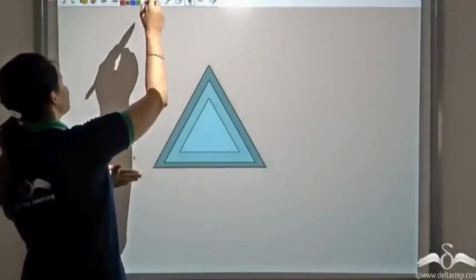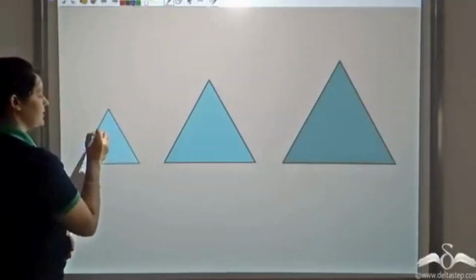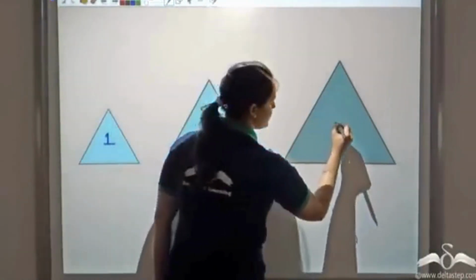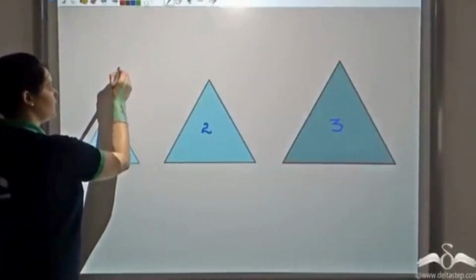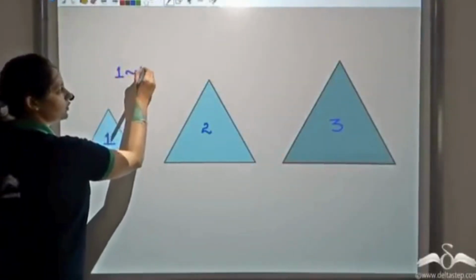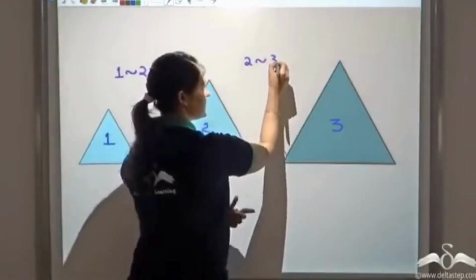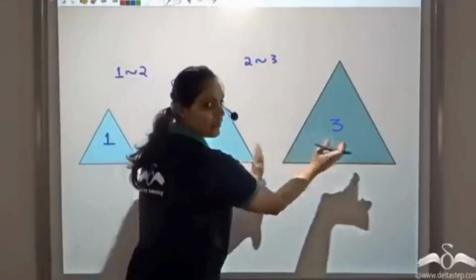So what we can see is, let me call this 1, this 2, and this 3. I have seen that 1 is similar to 3. 1 was similar to 2. Also 2 and 3 are similar, since 3 is nothing but a larger image of triangle 2.